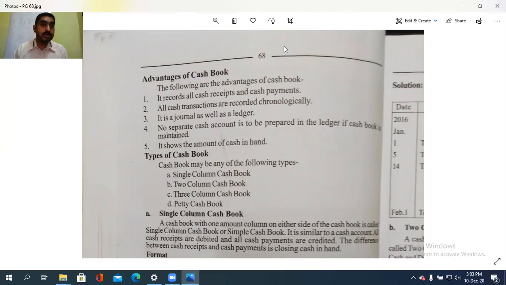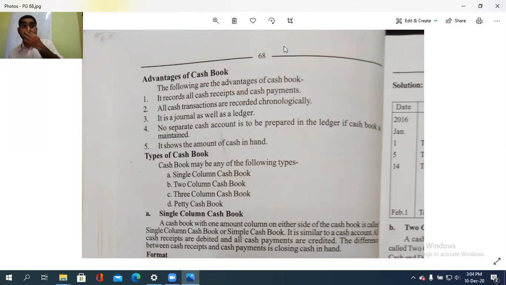In a two column cash book, it is either cash or discount allowed or received, or bank or discount allowed or received, or cash and bank. And a three column cash book has a cash, a bank and a discount column on both sides.